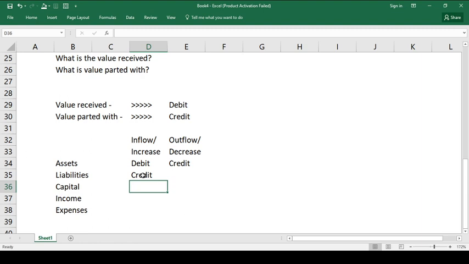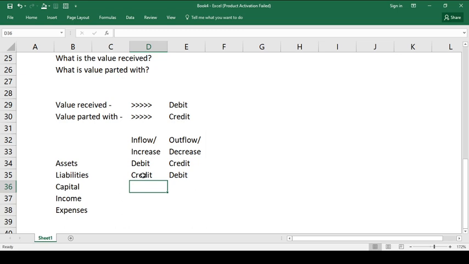Once we record, in the subsequent topic, if there is an increase in liabilities, it must be on the credit. That is a value parted with. If there is a decrease in liability, that is a debit. An outflow of liability, papalabas na liability, that is debit.